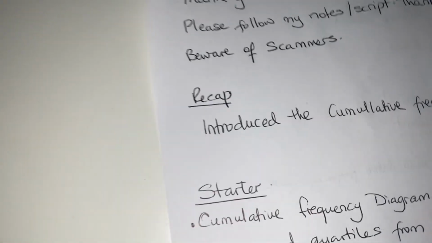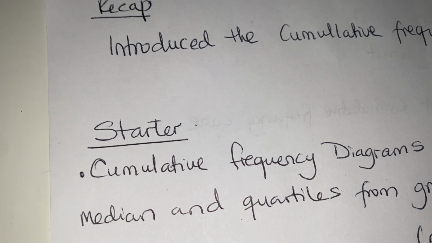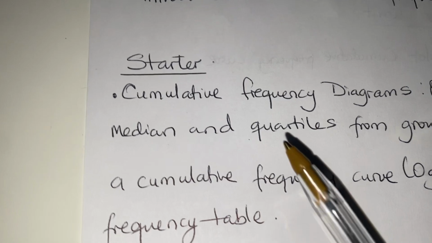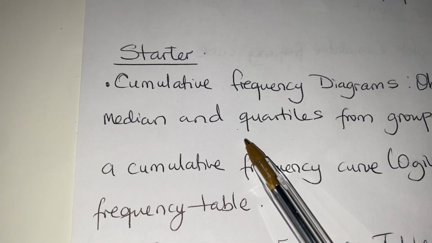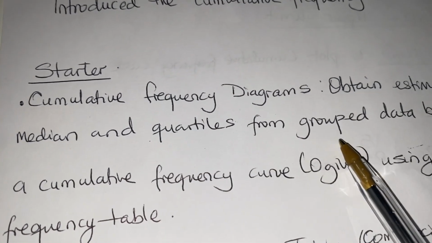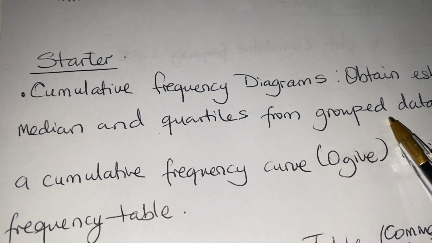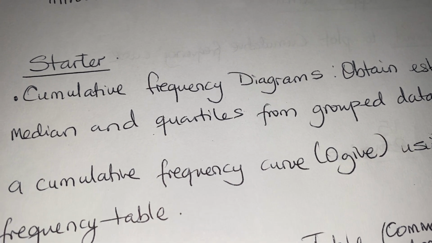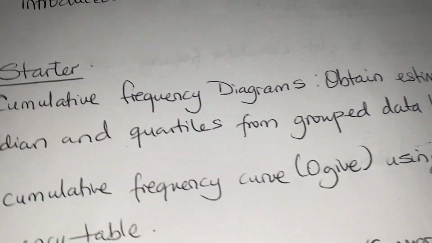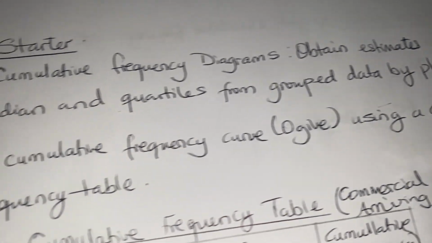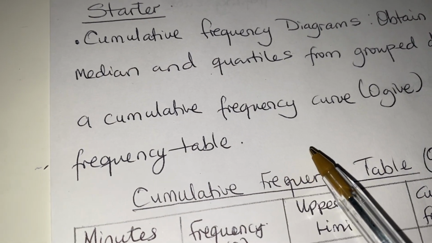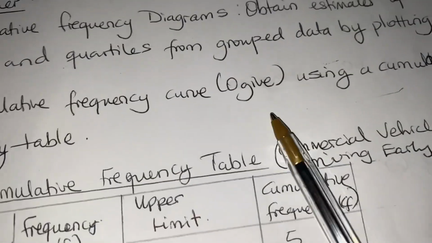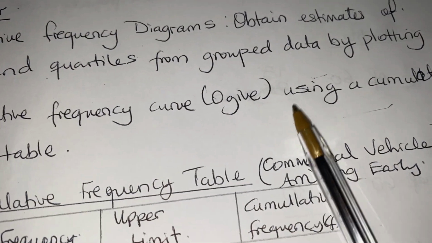Okay, so cumulative frequency diagram. We said yesterday that we can obtain the estimate of the median and the quartiles, that is the lower quartile, the upper quartile, and the interquartile range, from the grouped data by plotting a cumulative frequency curve, which is also known as an ogive.